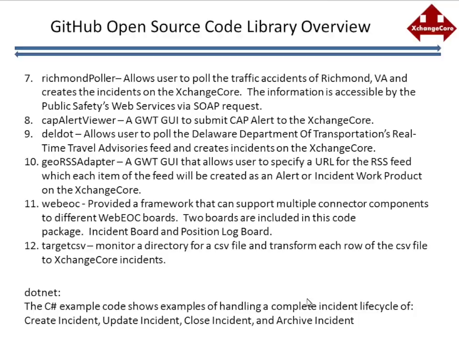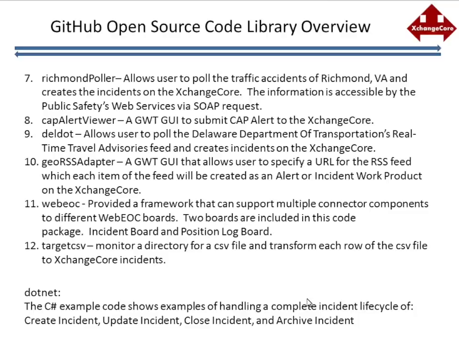And then finally, we have a CSV project where we monitor a directory for a CSV file, and then we consume that CSV file and create incidents, one incident for each row in the file, if you think of a spreadsheet. So that's very useful if you have an application that can export a CSV.